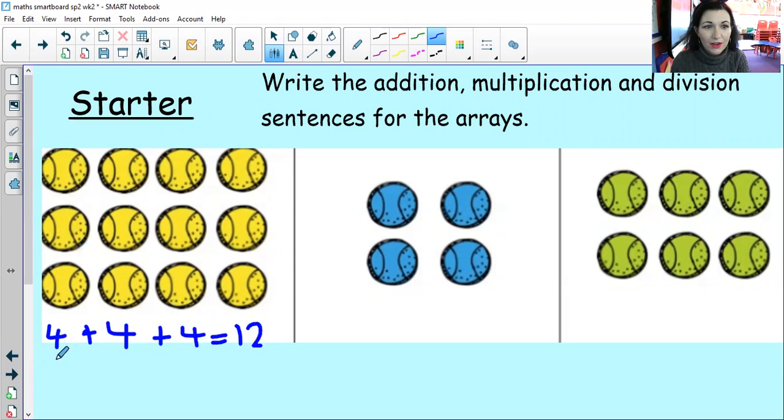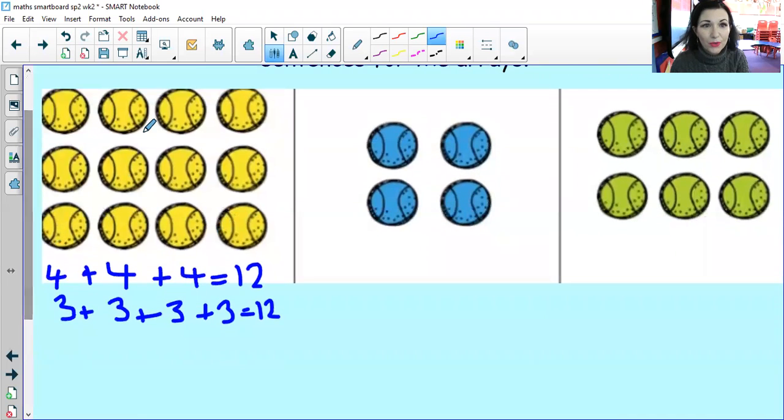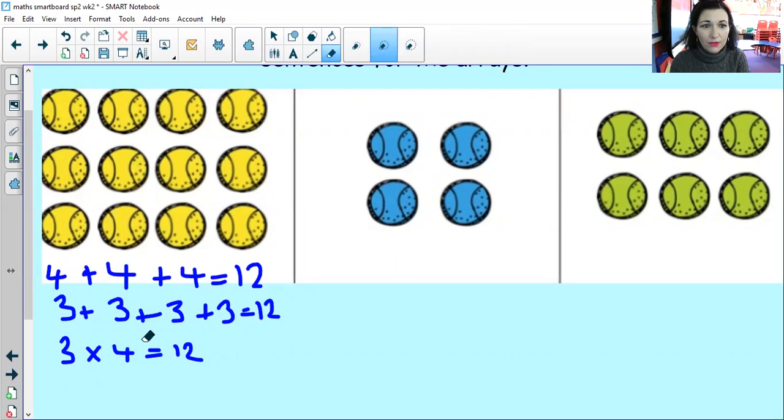And the addition, 3 add 3 add 3 add 3 is 12. Okay, now for the multiplication, I've got 4 groups of 3. And I have 3 groups of 4.